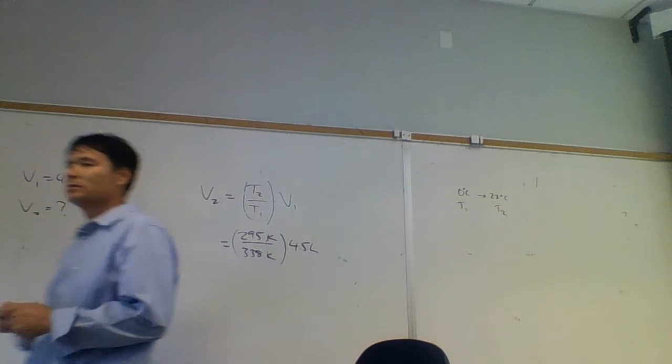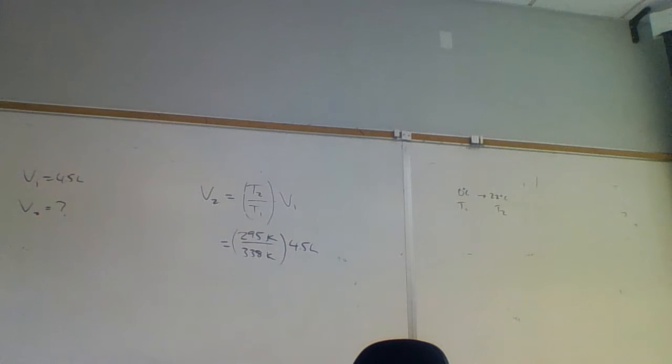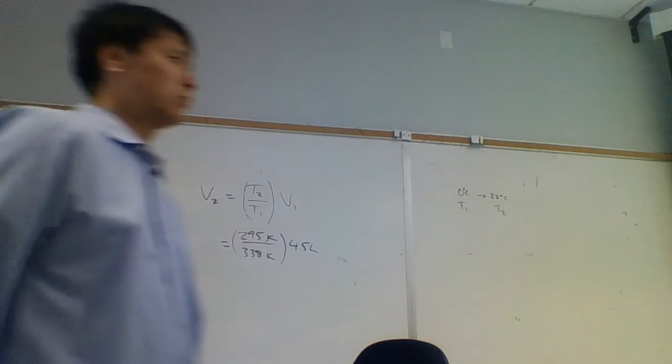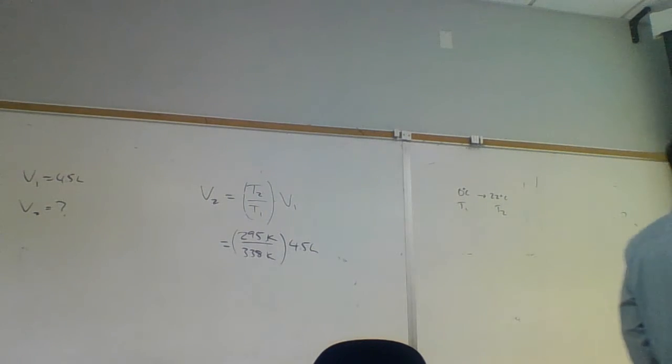If we go from 0 degrees C to 22 degrees C, we plug it into this equation, will it work? If I plug in T1 at 0 degrees C, no. It would fail. That's because this equation is based on the Kelvin scale.